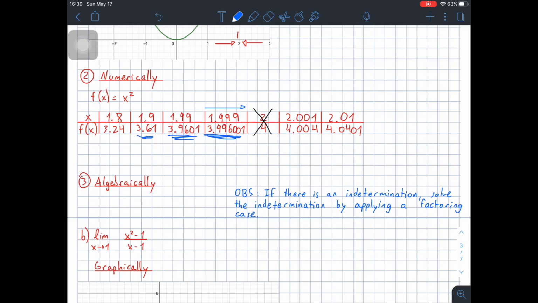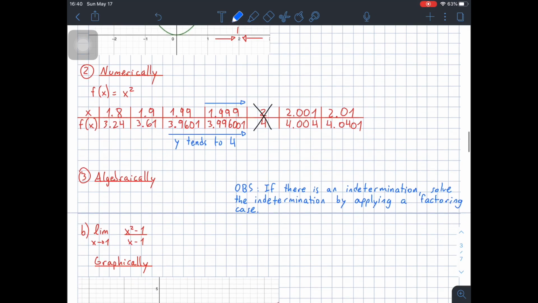You see that we're getting closer and closer and closer to 4, right? From the left side. So y tends to 4.